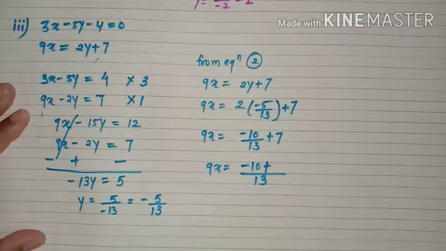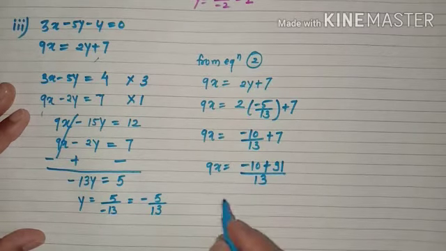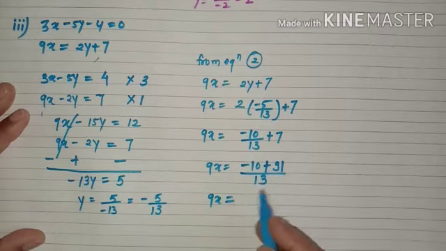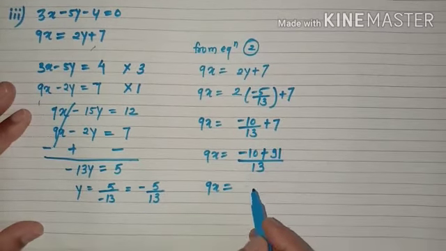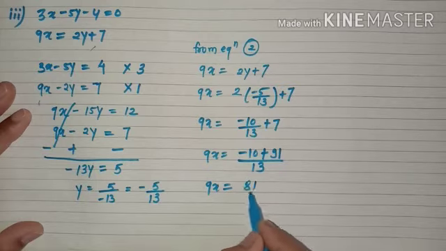13 sevens are 91. 9x equal 91 minus 10. What we will get? 81 upon 13.